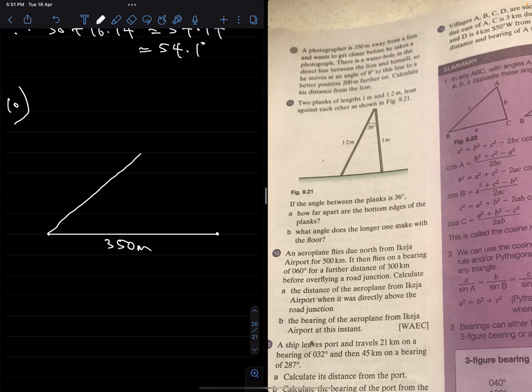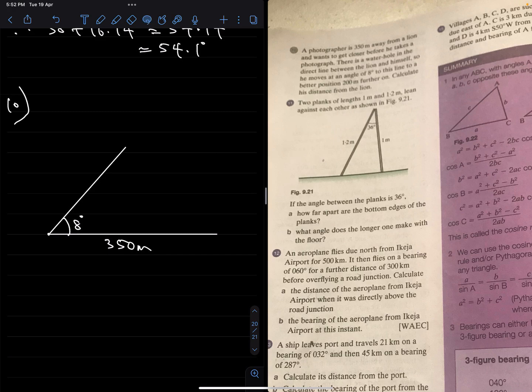So his movement will be in this direction, at an angle of 8 degrees to the line between the photographer and the lion. Now they're asking for the distance between where the photographer is now and the lion. This is just a sketch, by the way.